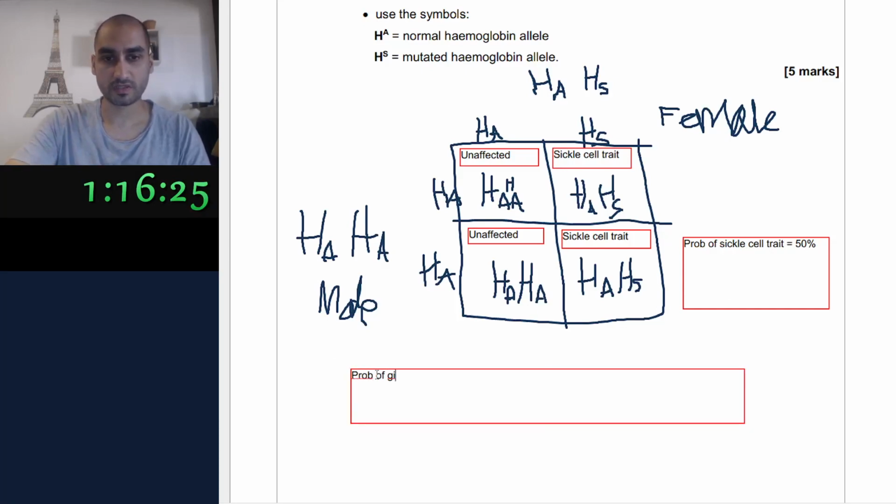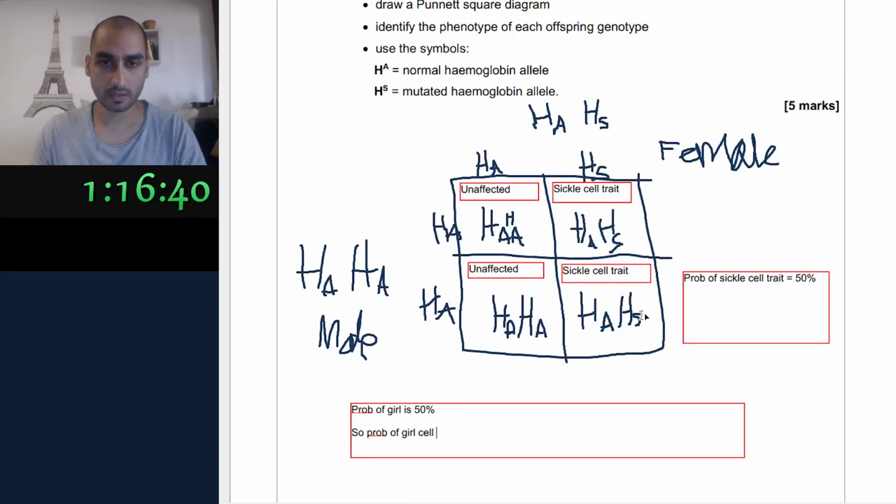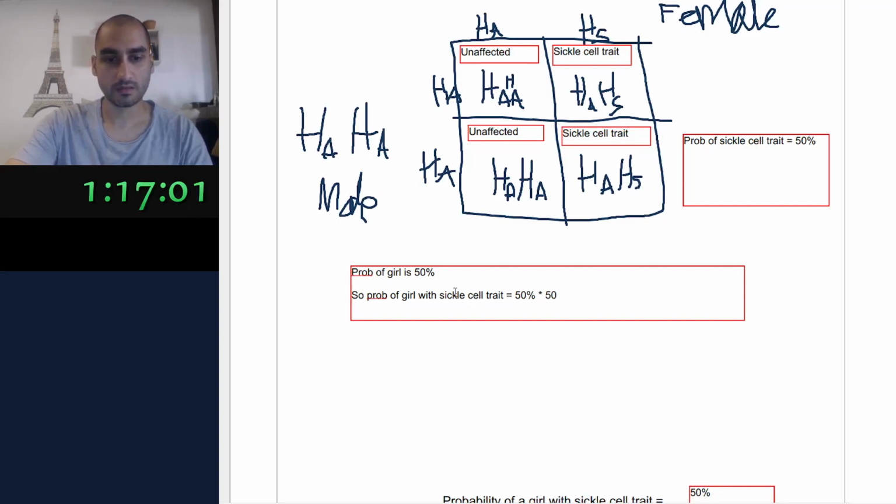Prob of girl is 50%. So prob of girl with sickle cell. I don't think we're meant to do a more complicated square with the girl and male integrated. I don't know how you'd even do that. Probability of a girl with sickle cell trait equals just 50% times 50%, right?